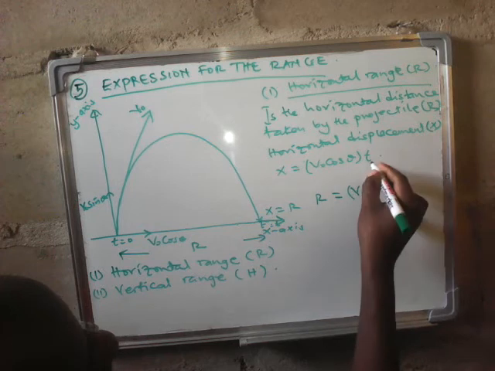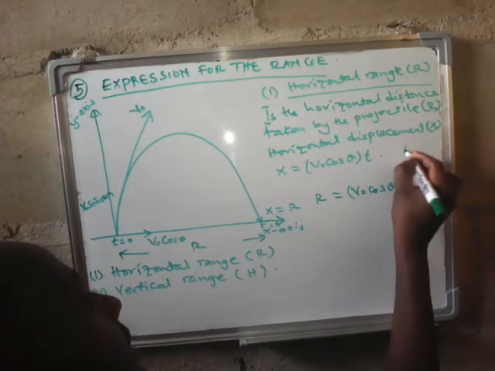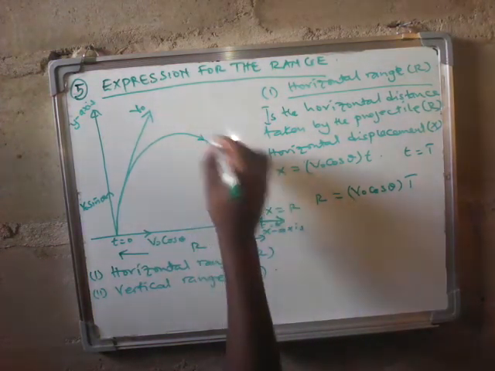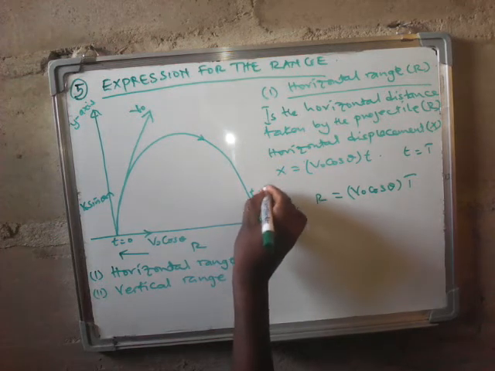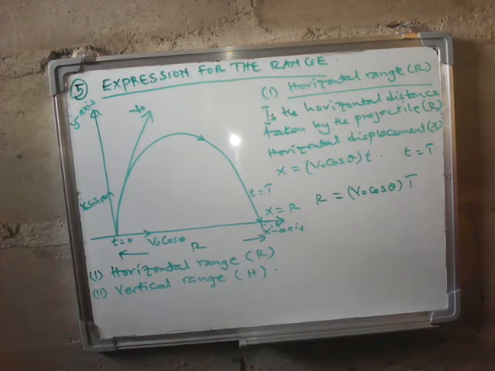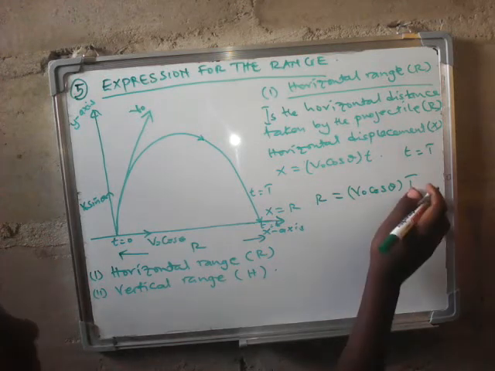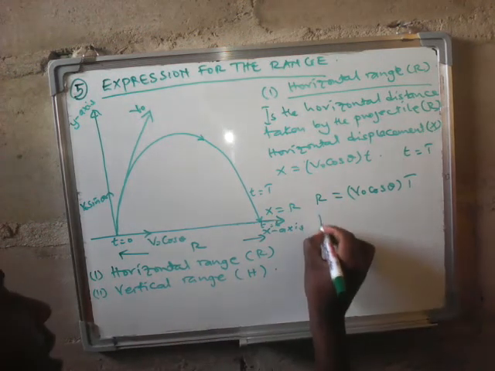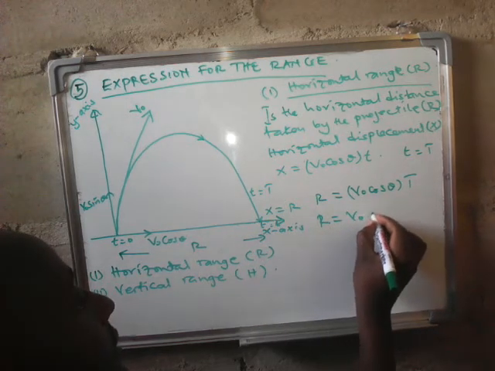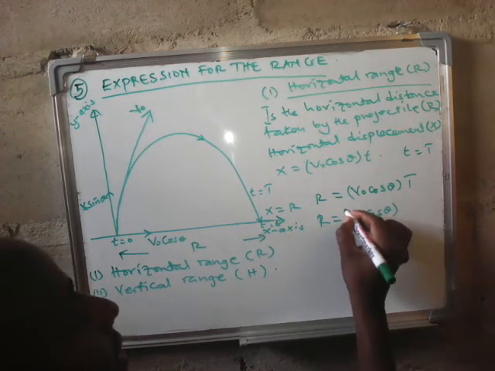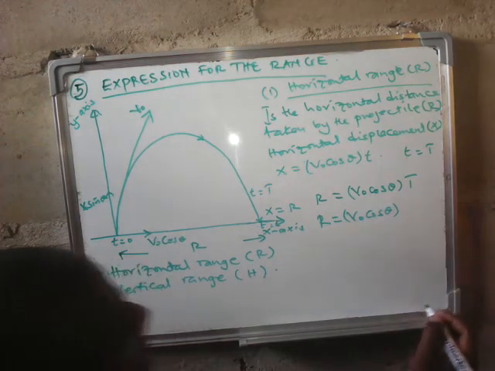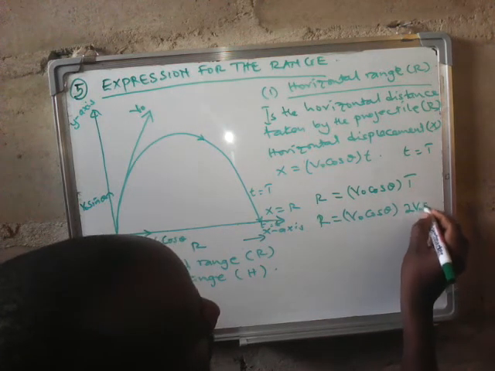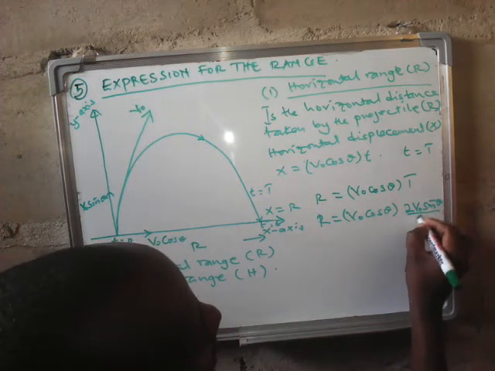So at that point, our x, R, is equal to v naught cos theta. But now this small t will become a capital T, because we had already seen if the particle is moving up to that point, t becomes a capital T. We had already seen earlier that capital T is 2v naught sine theta divided by g, the time of flight. So we substitute it there: R is v naught cos theta times 2v naught sine theta divided by g.